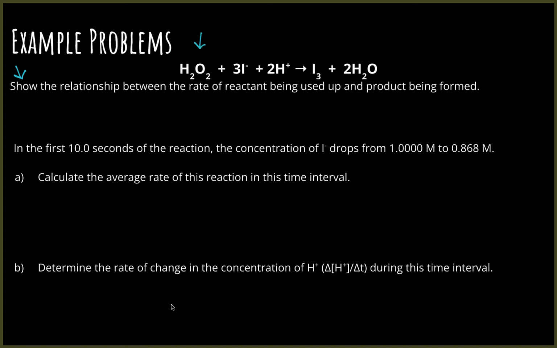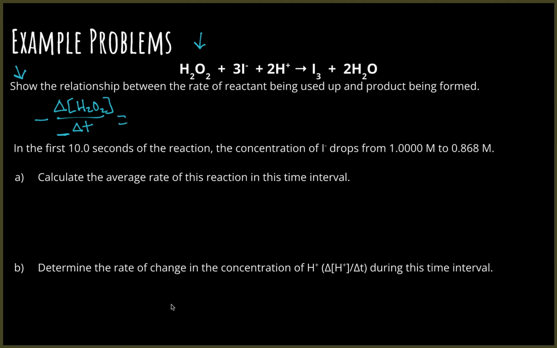So what we would do first, we would say the change in concentration of H2O2 over change in time, and this is going to be negative because it's a reactant, and in front of the change in time there's a 1, which we don't have to write.